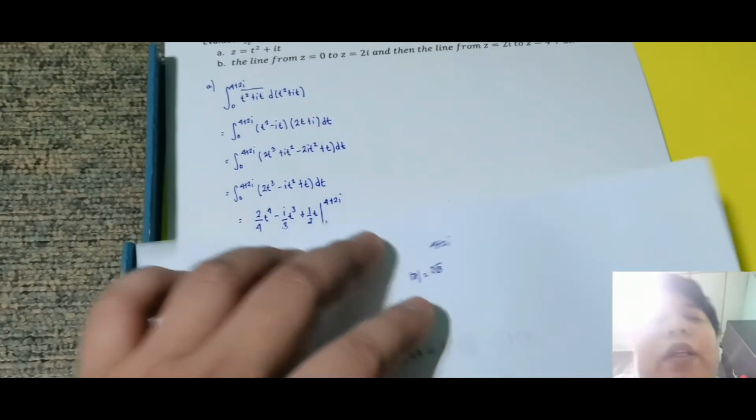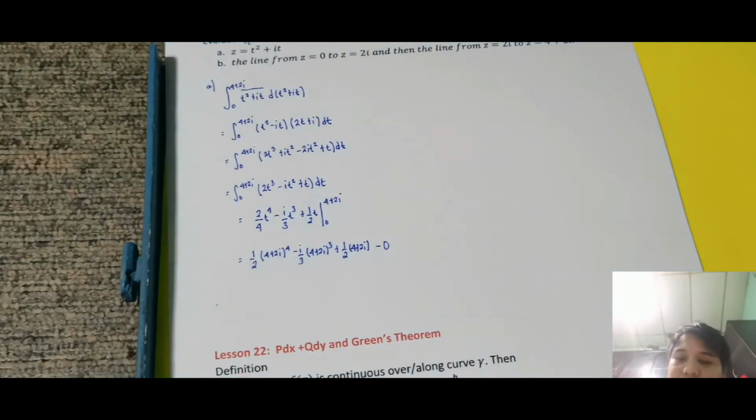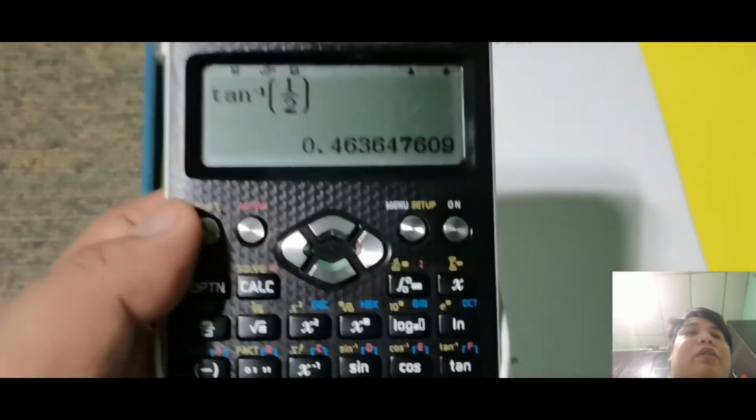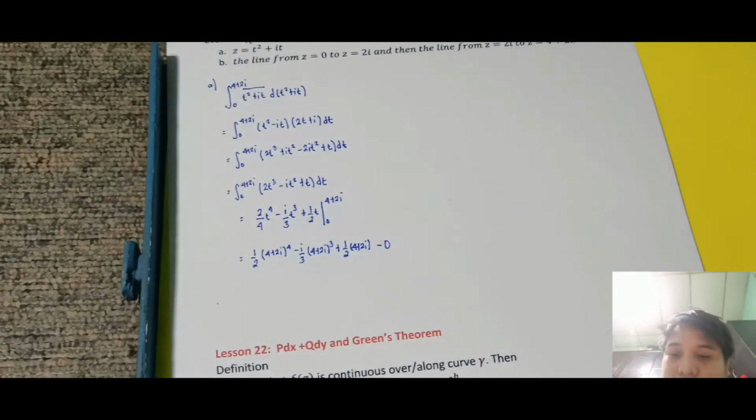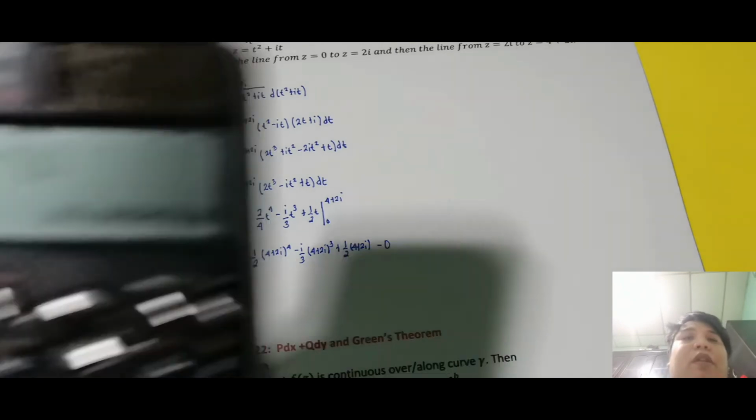Yung kanyang argument, since quadrant 1, is arctangent ng 1 over 2. That is 26.57 degrees.